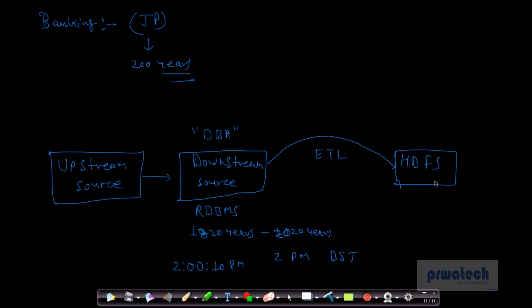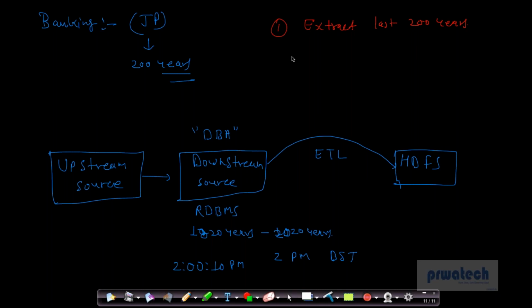Once this data is extracted, three flows are important here. First flow: suppose you started working on this project today. So you said, I will extract all data, the last 200 years. This is very easy, because here I can pass the table name and import, or I'll be creating a script. I'll show you that when we start the project part.